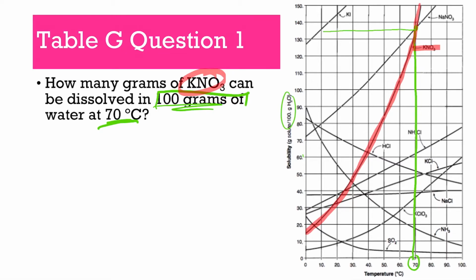When you drag that over, what value is that? I say it's halfway between 130 and 140, so I would say that's 135 grams. And that's it. It's just pulling data points off of a graph. Again, if you see 100 grams of water in the question, that's exactly how table G has it. No other fancy things you need to do.